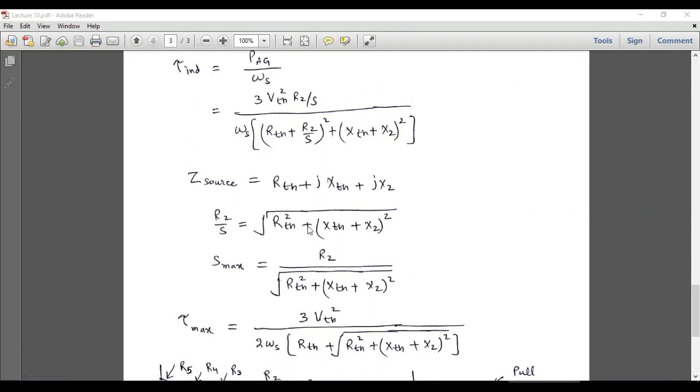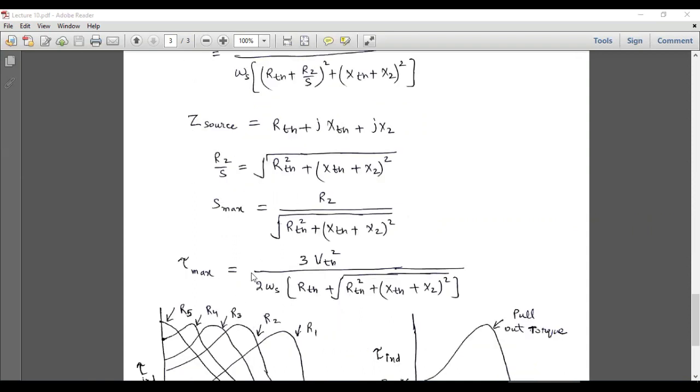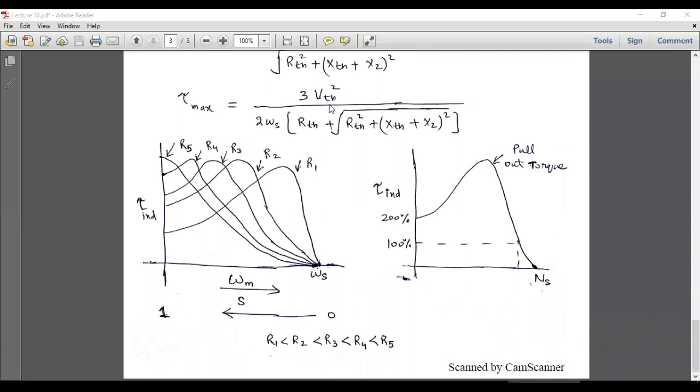R2 over S is equal to this, which is the condition for maximum power, and it can be substituted over here and over here. After the simplification, we get the maximum torque, equal to 3V Thevenin square over 2 omega s times R Thevenin plus the square root of R Thevenin square plus X Thevenin plus X2 whole square.